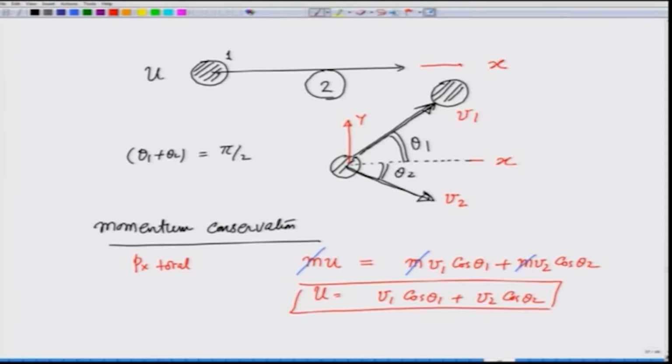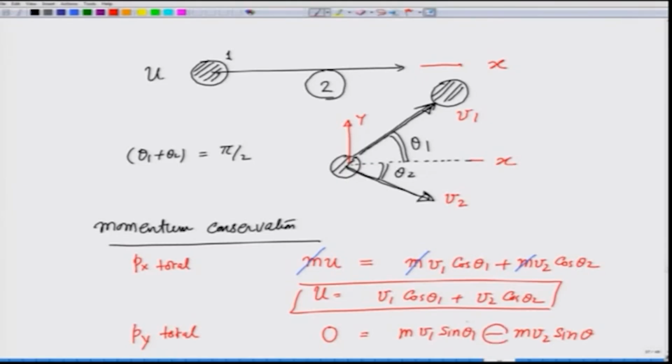I have got one equation from momentum conservation. I have got another equation from momentum conservation, that is Py total should also remain the same. And what was Py total to start with? There was no momentum component in the y direction, and therefore I am going to have 0 equals m v1 sin theta 1 minus m v2 sin theta 2.